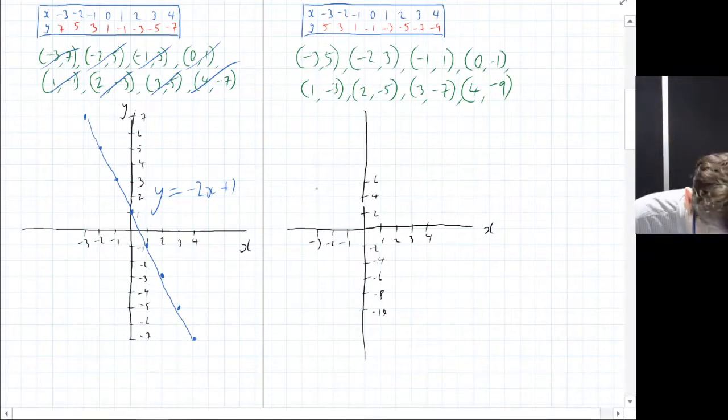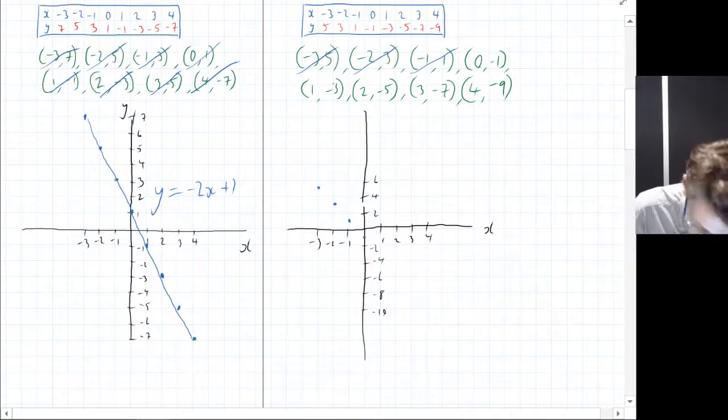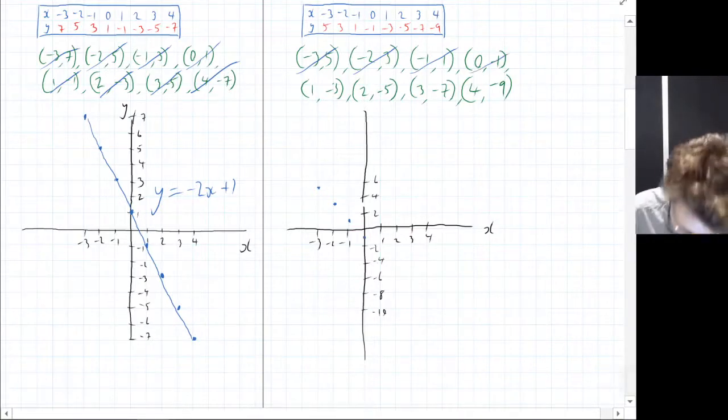Alrighty, let's go through yours. So, first point, second point, third point. Notice already that I'm just checking that they're staying in a fairly straight line.